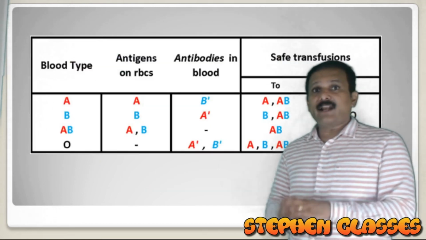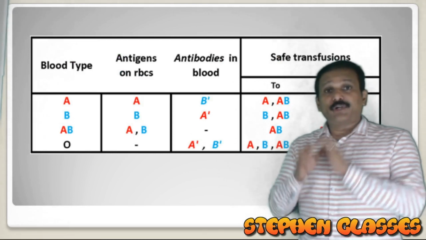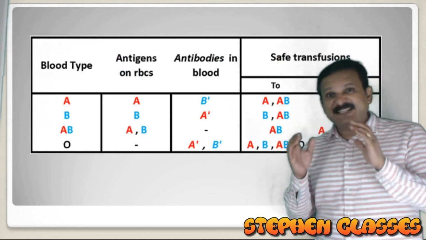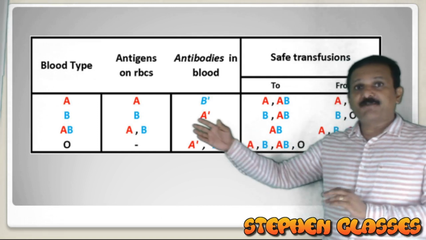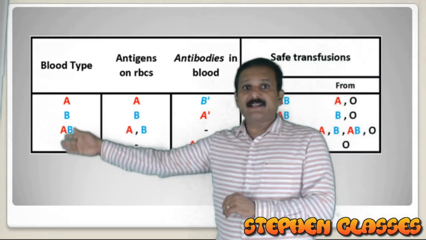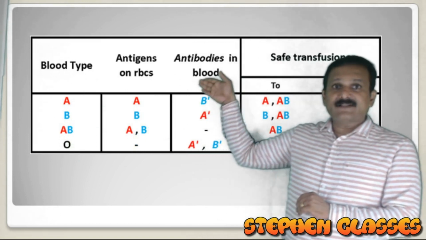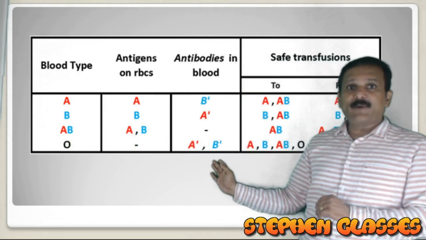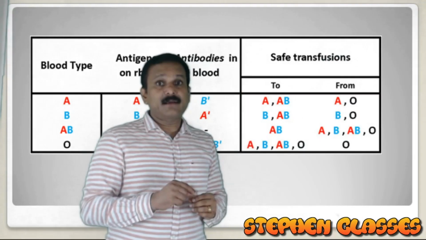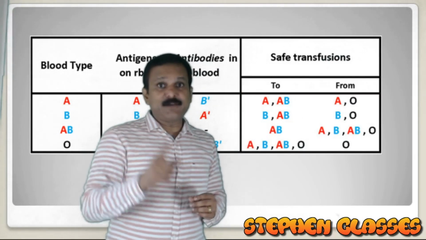So this slide will give you an idea about the donor group as well as the recipient group for each blood group. Blood type is given on this side in this column. In this column we have the surface antigen. In this column you can see the antibodies present, and here A group has B antibody in the plasma.